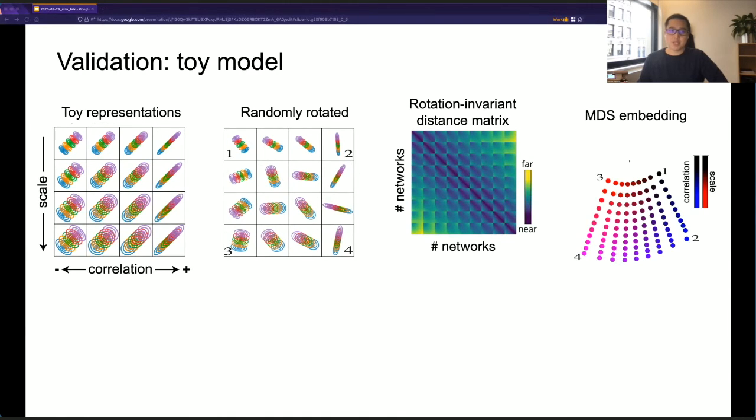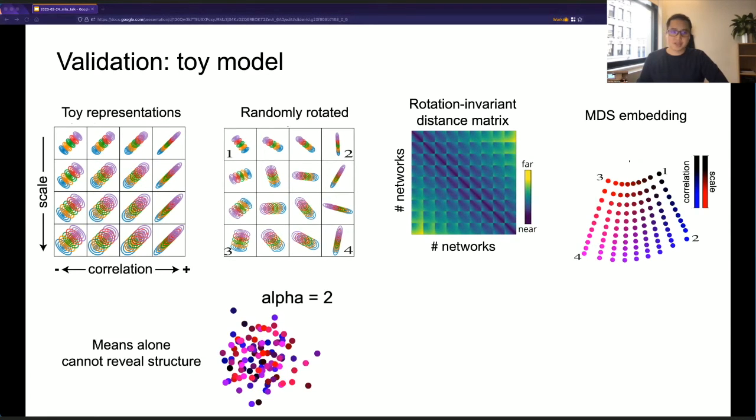Unsurprisingly, if we take our interpolated Wasserstein metric described on the previous slide, if we set alpha to 2 and only take means into account, since all the means are the exact same, we just get trash. We do not recover the structure in the data.